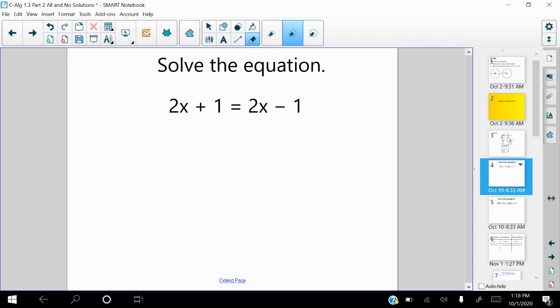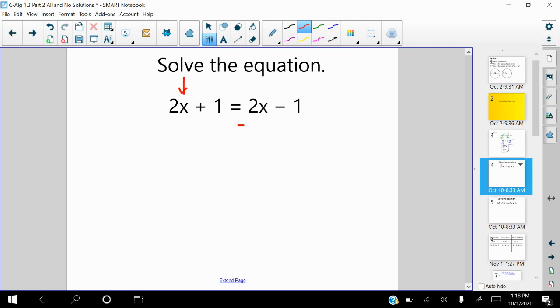Well, I look at my variables and I see their coefficient. I have 2 and 2, which makes me question what number is bigger. Well, they're the same. So in this case, it doesn't matter which side we bring our variables over to. But I am going to bring them over, let's say, to the right-hand side over here.